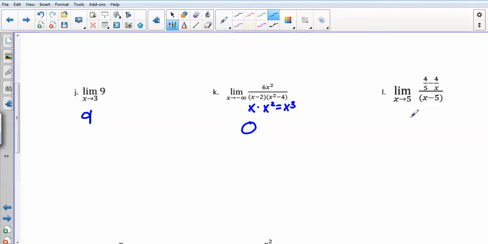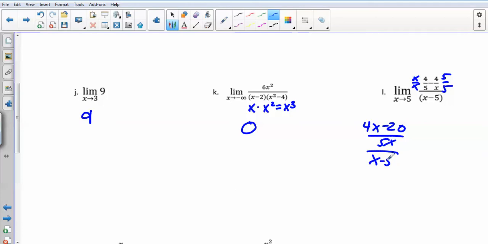And in L, if I were to substitute in directly, I should get 0 over 0. So instead, I need to simplify first. I'm going to get a common denominator by multiplying the first fraction by x over x and the second by 5 over 5. And I get 4x minus 20 over 5x.